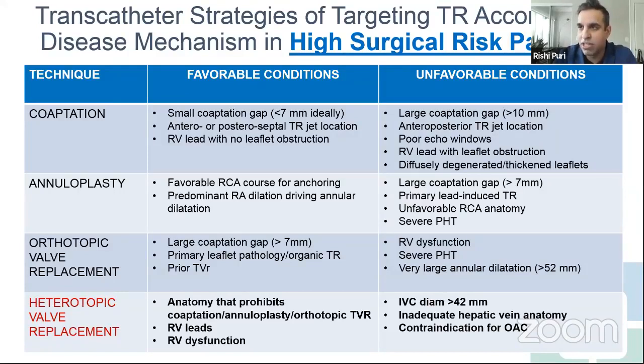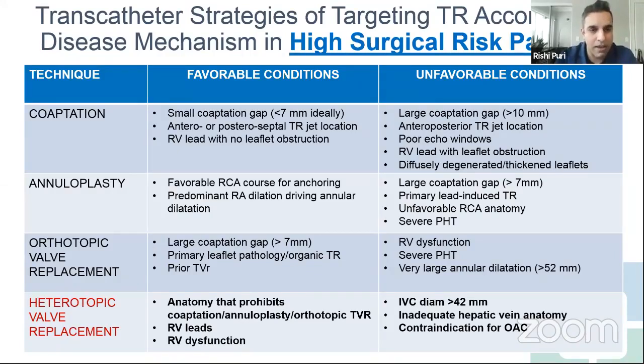And this is really driven by the anatomy and some of the anatomical and physiological constraints that we encounter with patients with significant tricuspid valve disease that harbor a number of anatomical issues such as large coaptation gaps, significant tethering, significant annular dilatation.